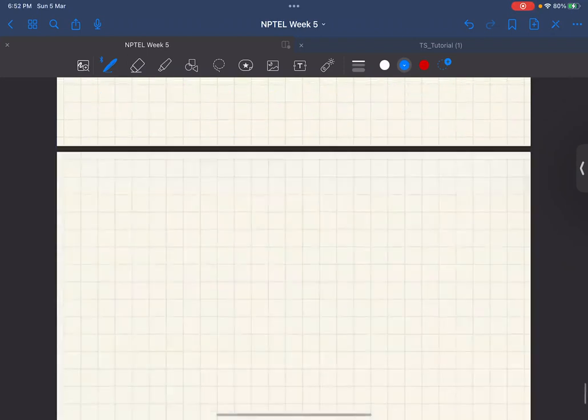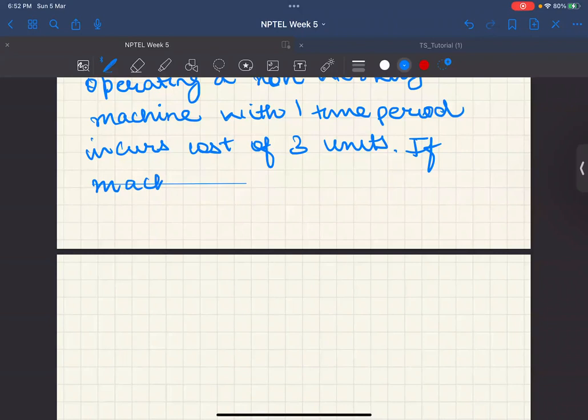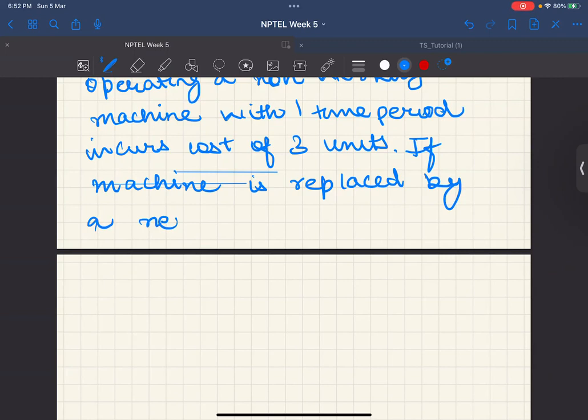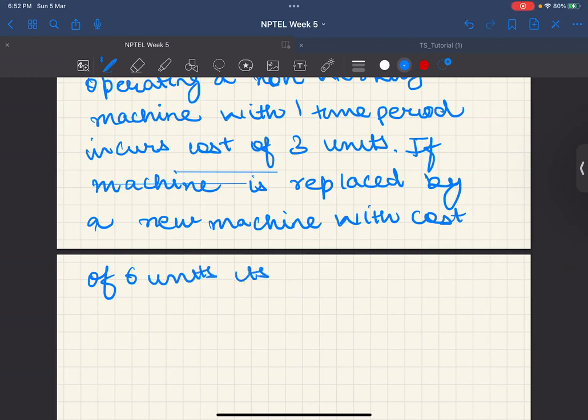If the machine is replaced by a new machine with a cost of 6 units, it stays working for one time epoch.